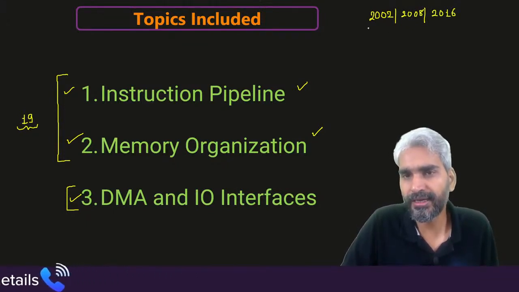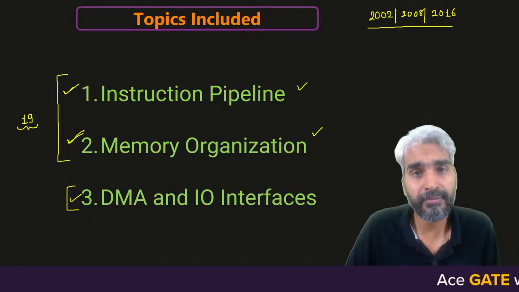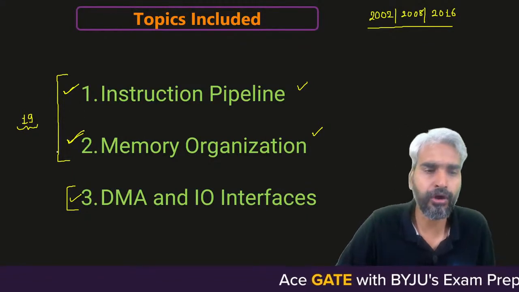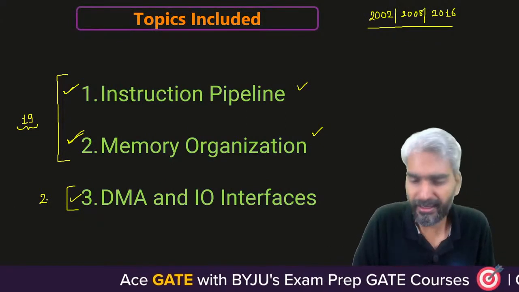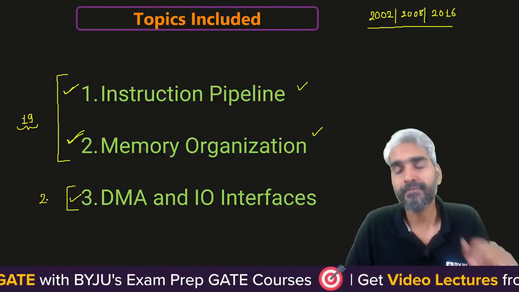So I hope you can understand the weightage of these two topics, instruction pipeline and memory organization, in computer organization and architecture. We'll discuss them one by one, but there will be 21 questions, so I'll be a little faster. If you are facing any difficulty in any particular question, please let me know.